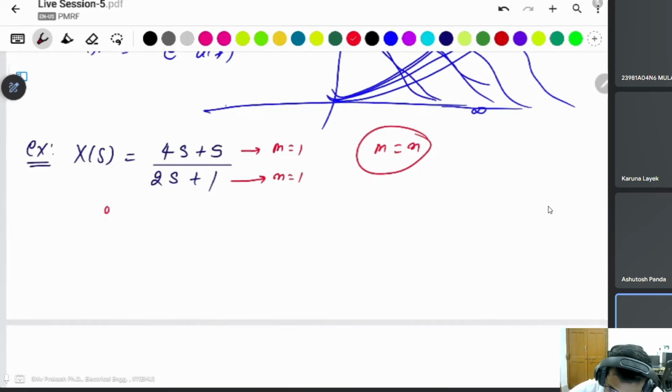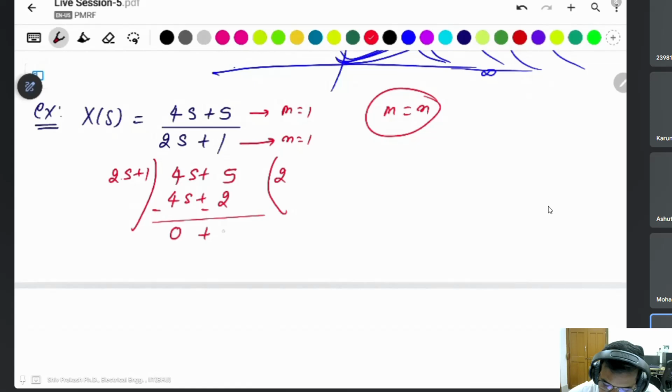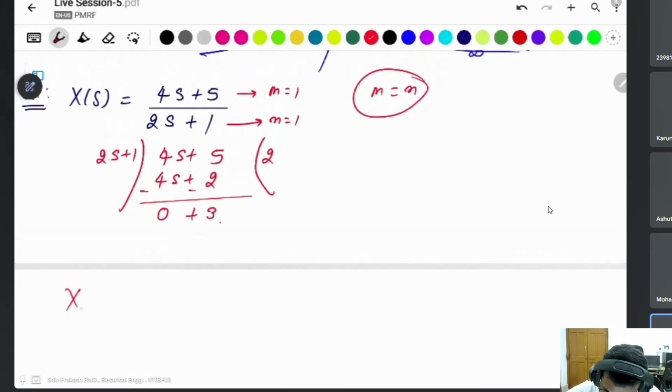Divide 4s plus 5 by 2s plus 1. In this condition, we apply 2 times: 2 times (2s plus 1) is 4s plus 2. Subtract this, and the remainder will be 3. Then we can say X(s) is equal to 2 plus 3 divided by (2s plus 1).